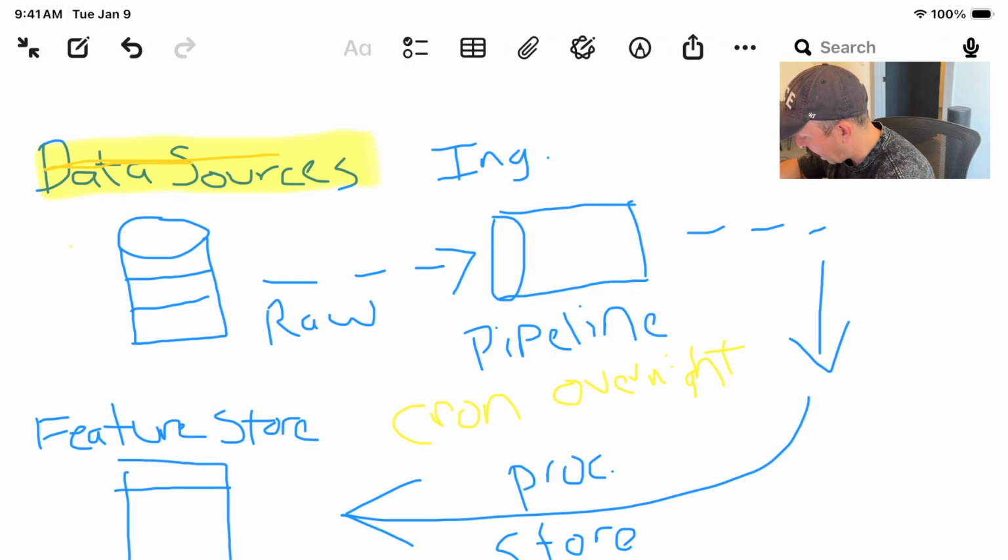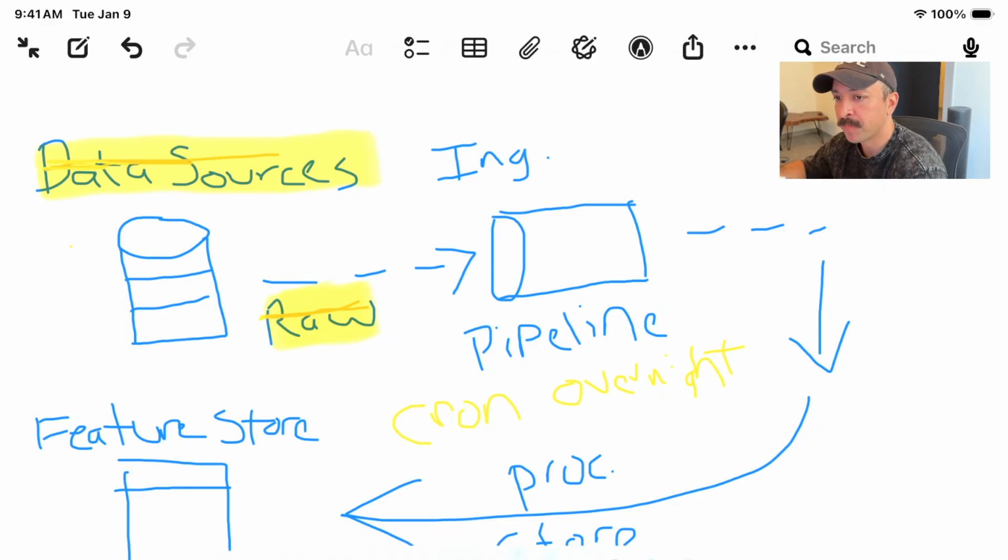First thing, and how this entire system would work, is that we would start with our data sources, and those would be raw. That's a bunch of raw data that gets passed to an ingestion pipeline.